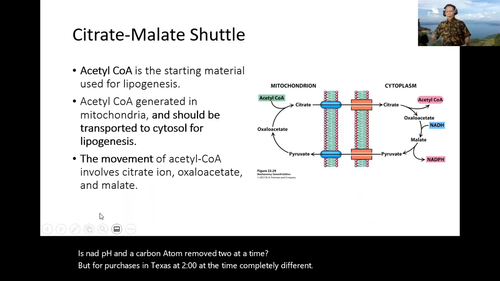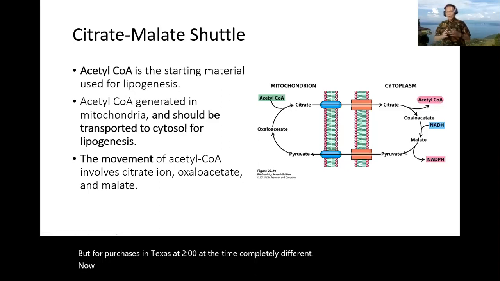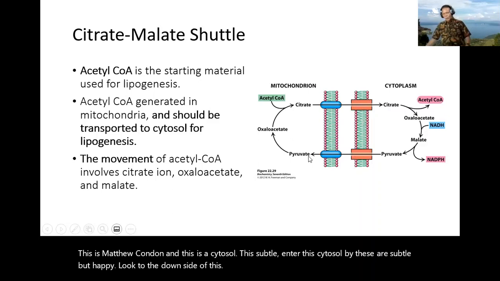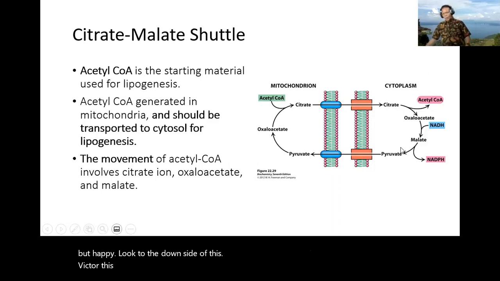Now let's see the citrate-malate shuttle. This is the mitochondrion, and this is the cytosol. This shuttle can carry material into the cytosol. But have a look at the down side of this picture. Pyruvate from the cytosol can enter the mitochondrion through this shuttle.